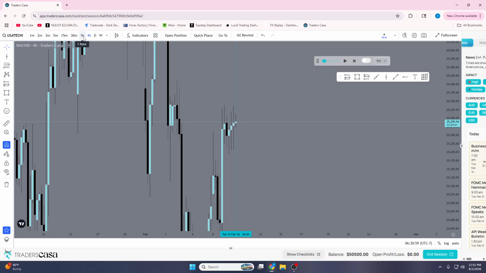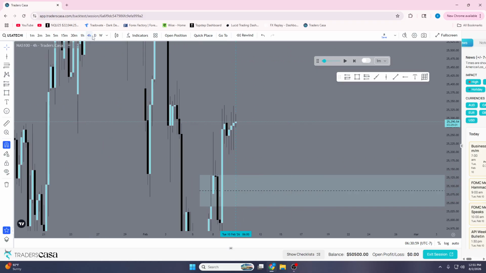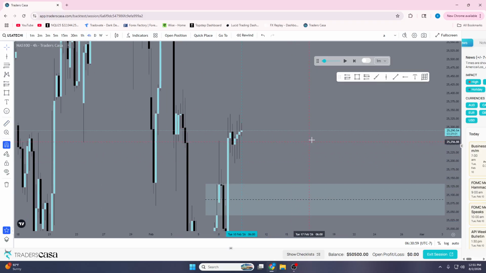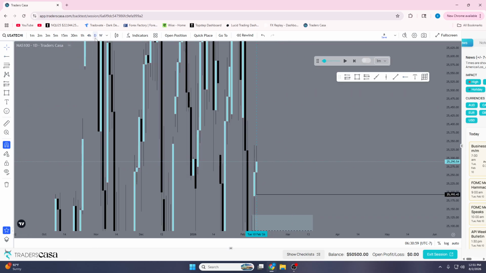Okay, so we're very choppy on the 4-hour. We have a daily volume imbalance right here. But we did just inverse this to the upside, so I think we're bullish on the day, which makes it a little strange.